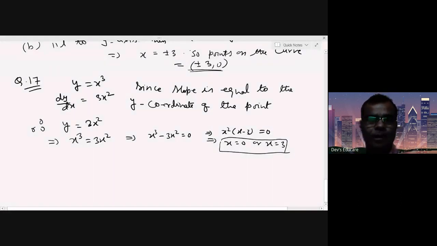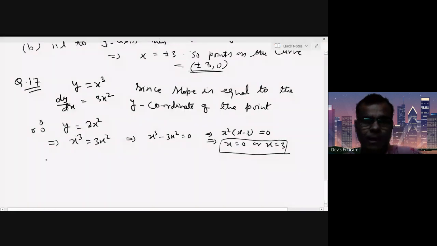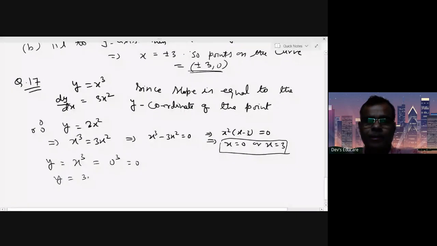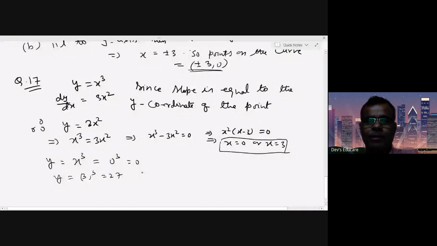Now, we need to find the y coordinate. So y equals x cube, which means 0 when x is 0. And for x equals 3, y equals 3 cube, 27.